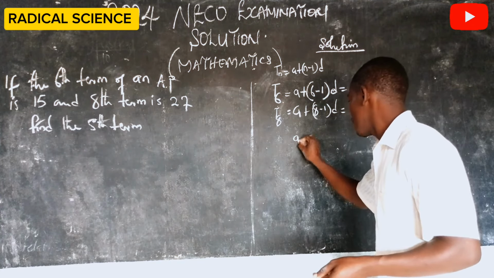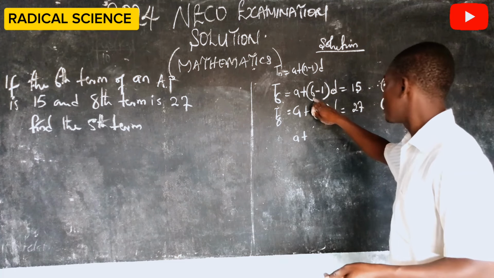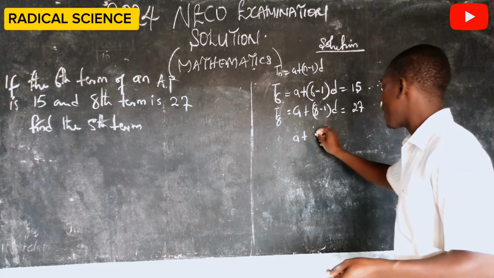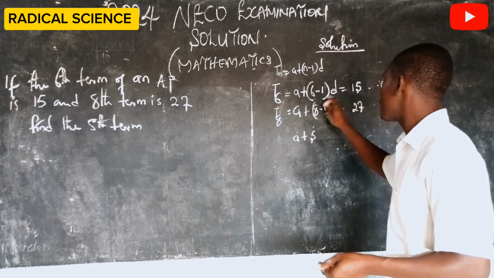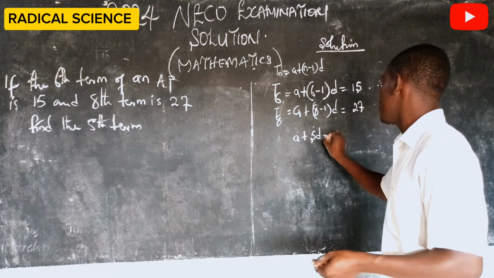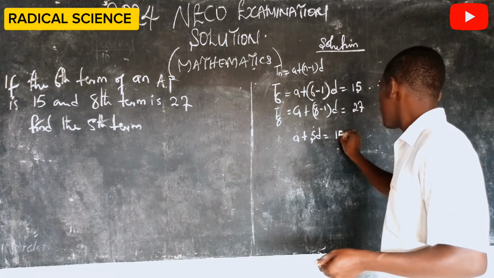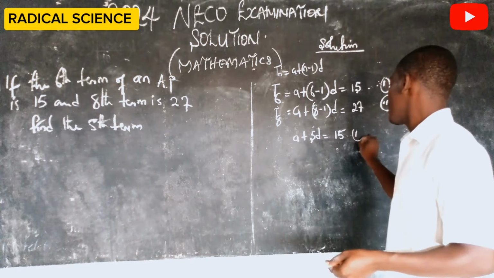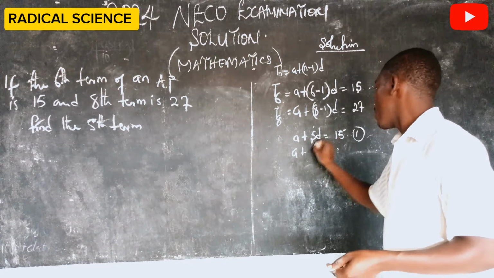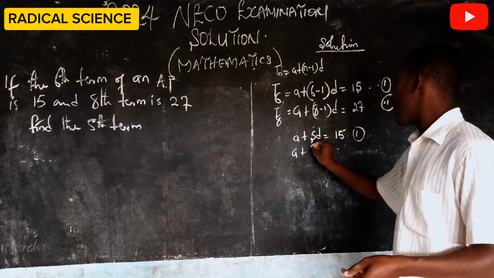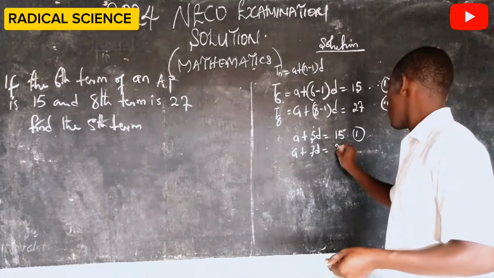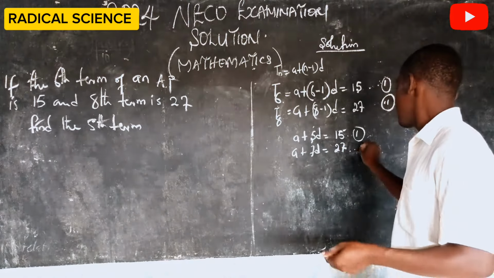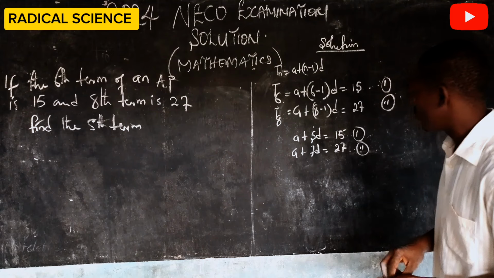Let's repeat it as given. 6 minus 1 is 5, 5 times D is 5D, so A plus 5D equals 15. In the second equation, A plus 8 minus 1, which is 7D, equals 27. This is equation 2.